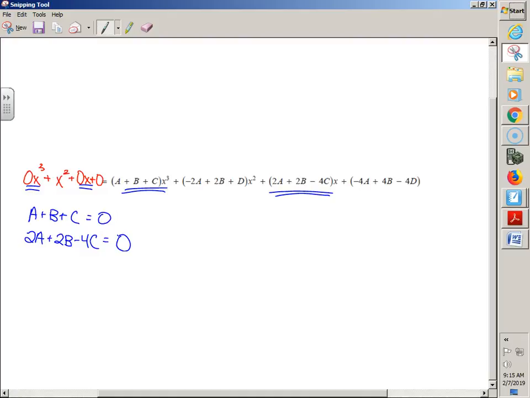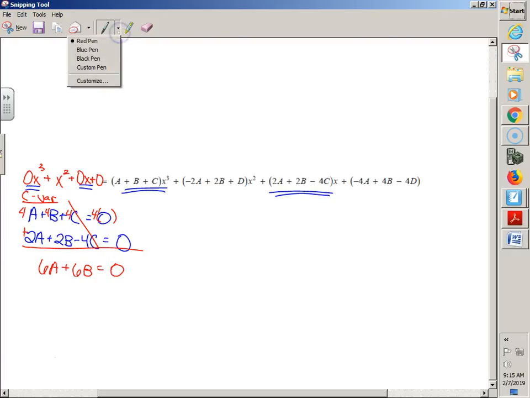So I'm going to go aiming for eliminating the c variable. Because if I can do a quick little elimination, I'll end up with 6a plus 6b equals 0. You'll see why this is helpful in a second.